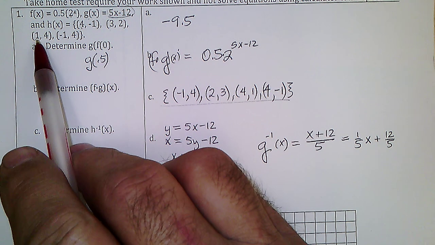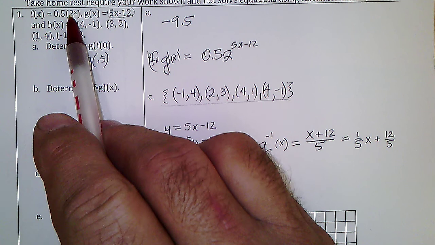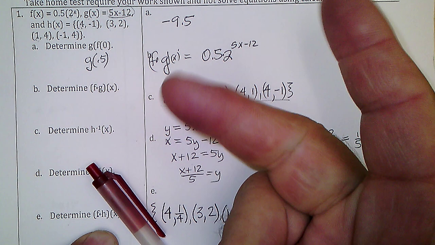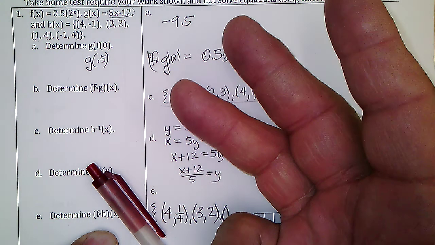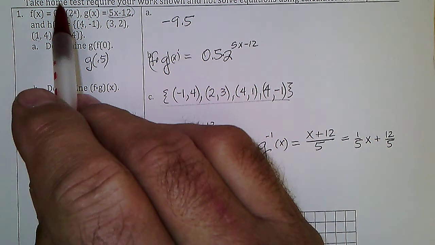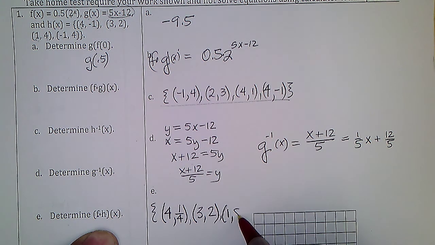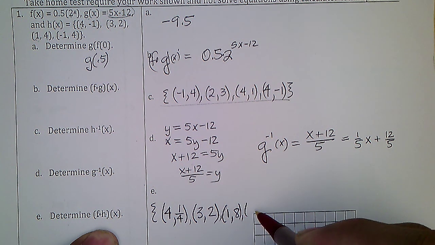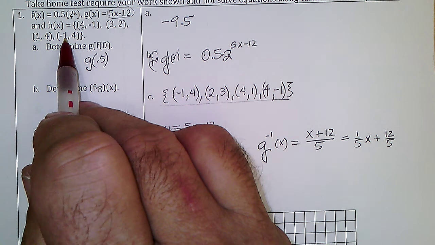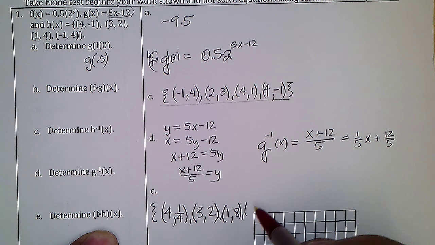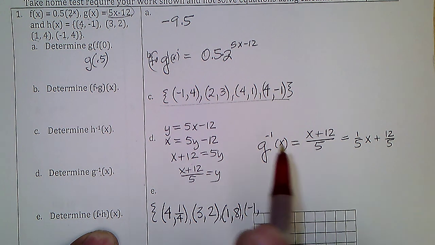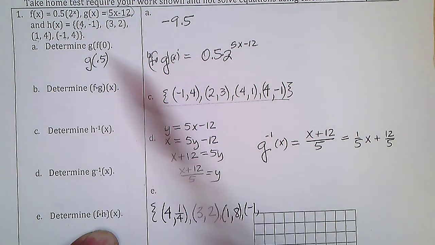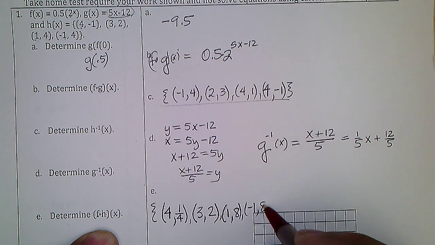I put in 1 and I get 4. 2 to the 4th, that's 2 times 2 is 4, times 2 is 8, times 2 is 16, and then times a half is 8. And finally, I can put in -1, and negative 1 gives me 4 also. So that would be 16 times a half is 8.